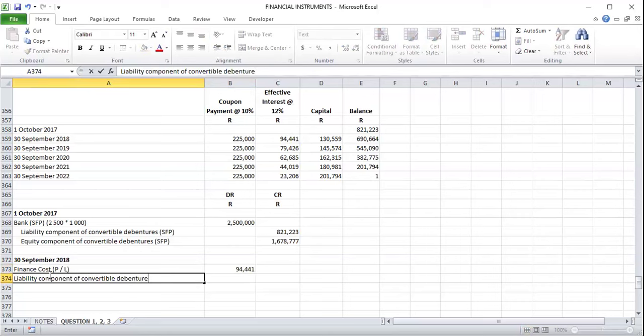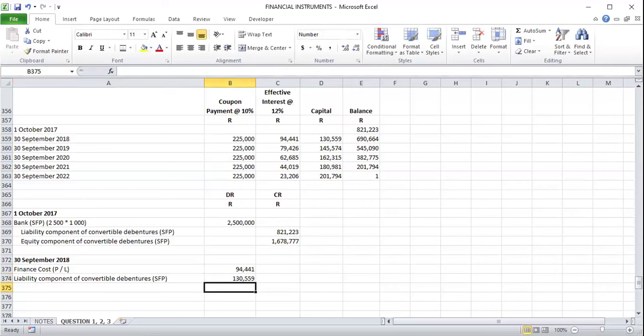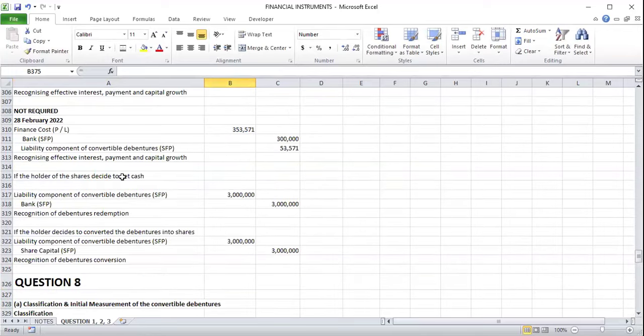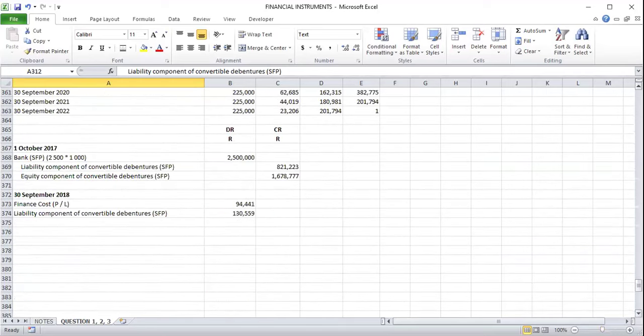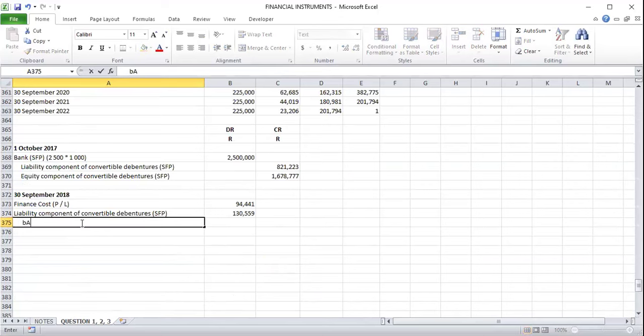Remember, this time around, it's a repayment. So I want you to see the difference between when there is a capital growth and when there is capital repayment or reduction. Like here, our FV is 0, which is less than the PV. If you still remember in the previous question, we were crediting the liability component because it was growing. But in this case, it's being settled. So when your FV is less, instead we'll be debiting as we'll be settling the liability as we go. Then we credit bank, which is the 225,000. That's our answer.